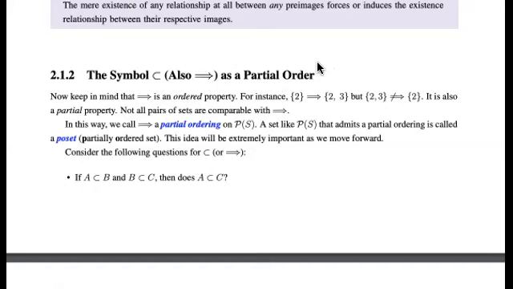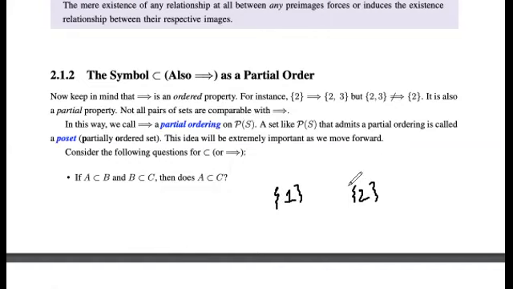It doesn't quite work. For instance, one simple example would be the subset of 1 and the subset of 2, and these are elements in the power set of 1, 2, 3.